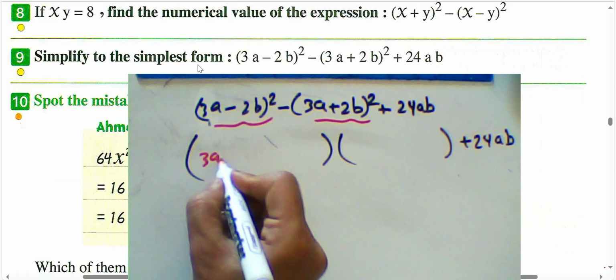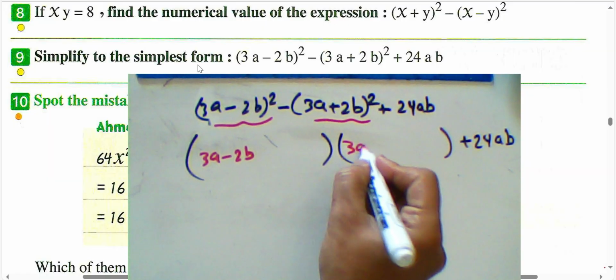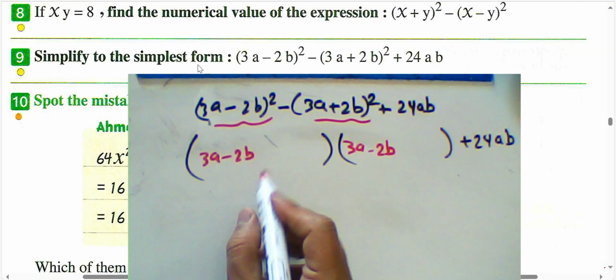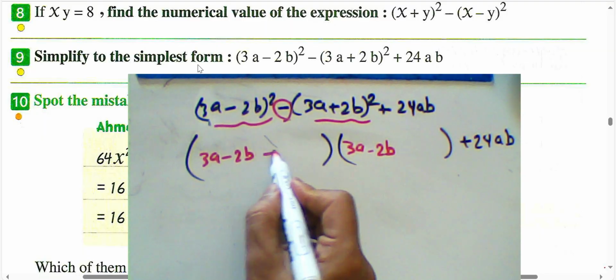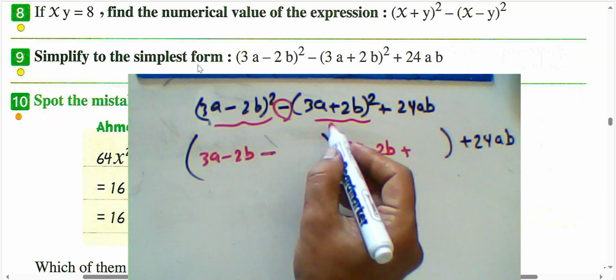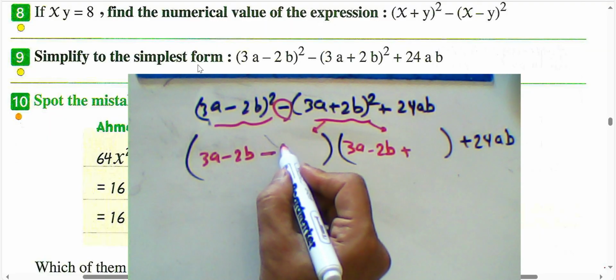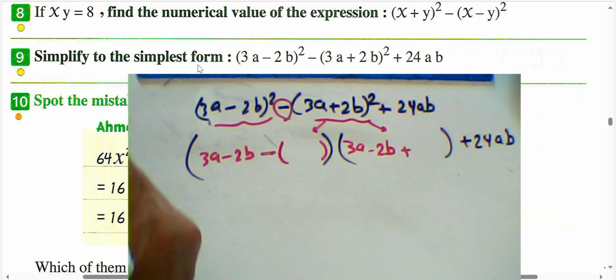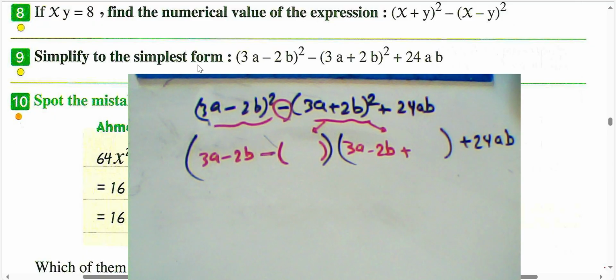Okay, write 3a minus 2b, and here 3a minus 2b, and then negative here, write negative times positive, negative, negative times positive, negative, and this expression was repeating here and here. Okay, but this expression we must put inside the brackets.